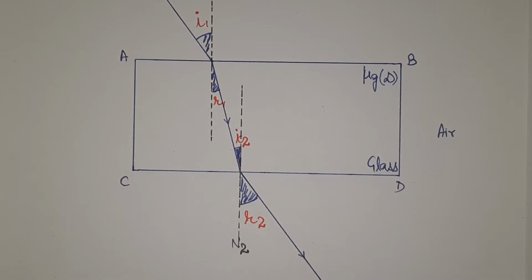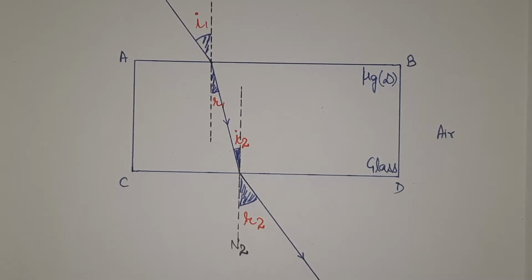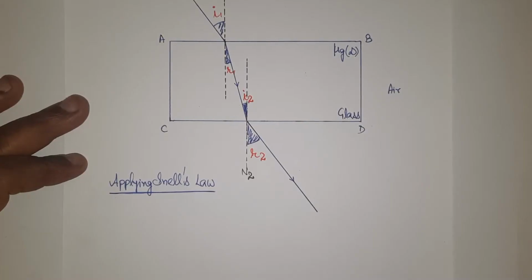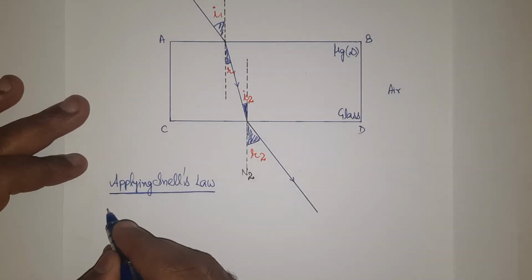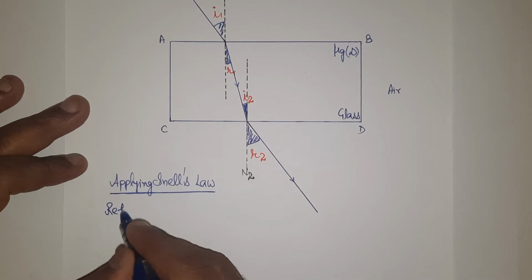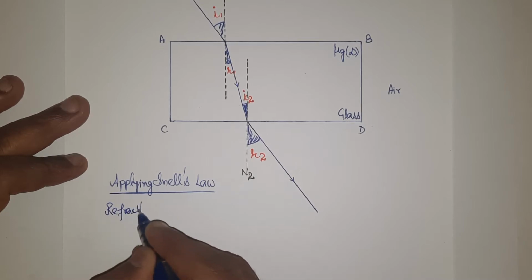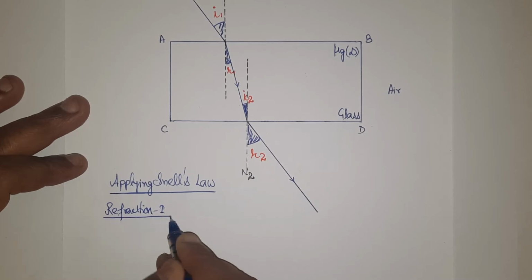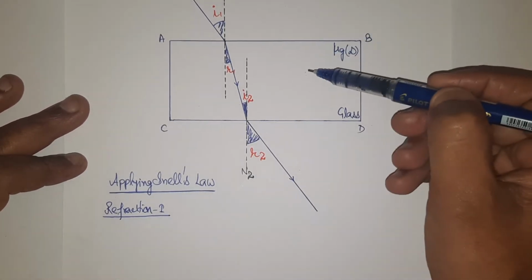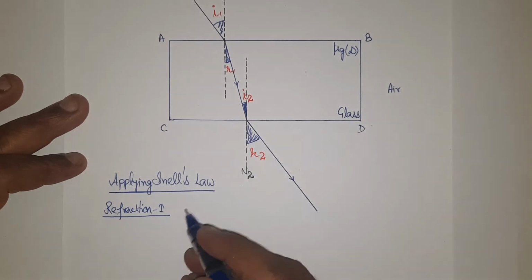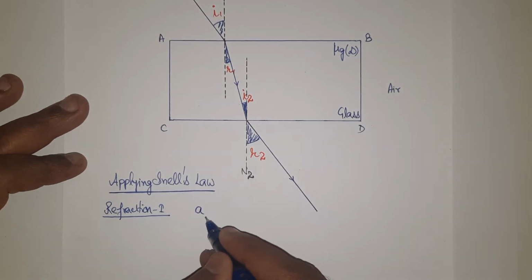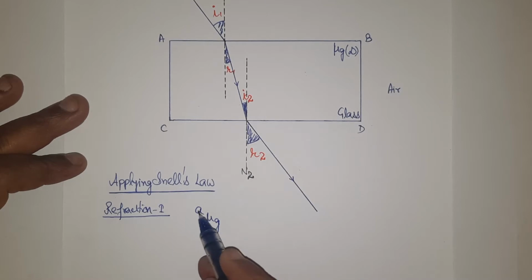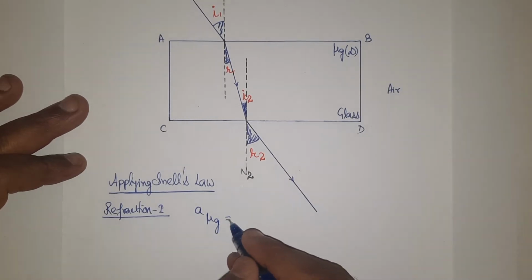Now applying Snell's law to these refractions. Refraction 1 is happening from air to glass, so we will write it as A mu G, the refractive index of glass with respect to air.